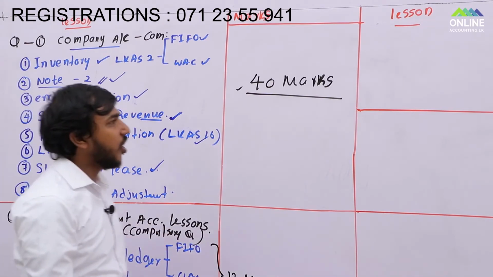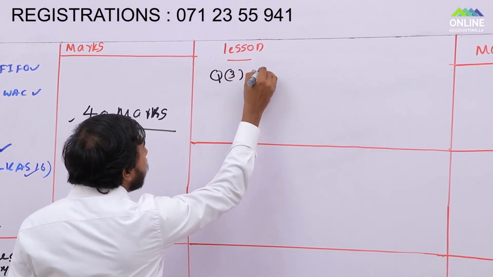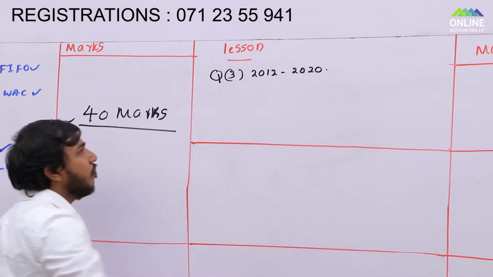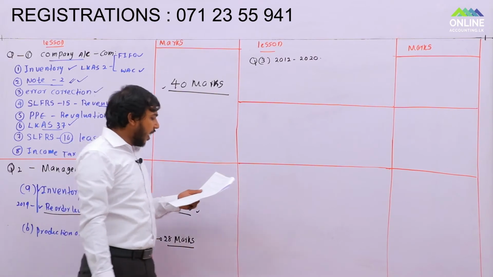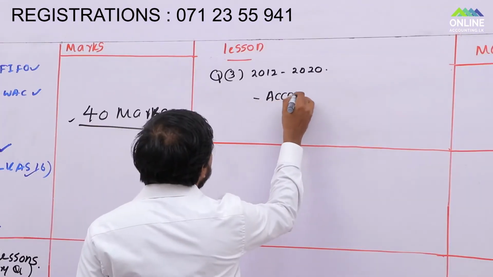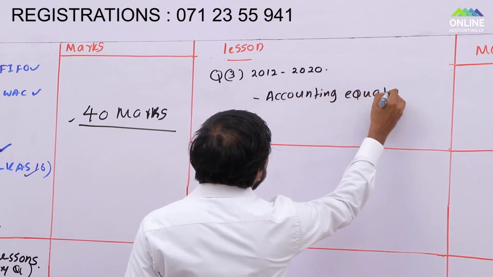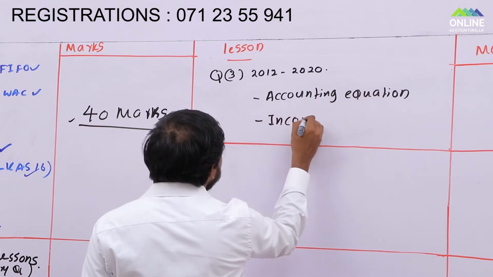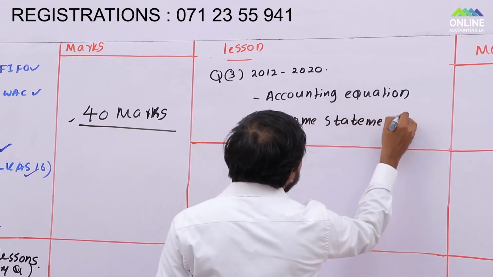Then question number 3, as usual, from 2012 to 2020, question number 3 was so important because a lot of students attempted this question. So this time it was tested as usual the accounting equation, plus the income statement, right?